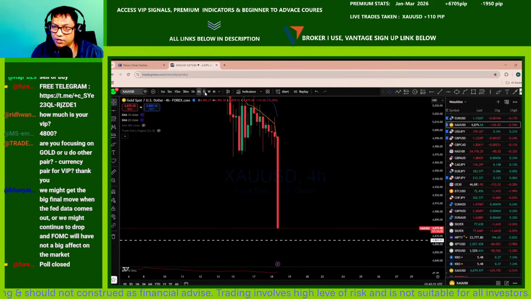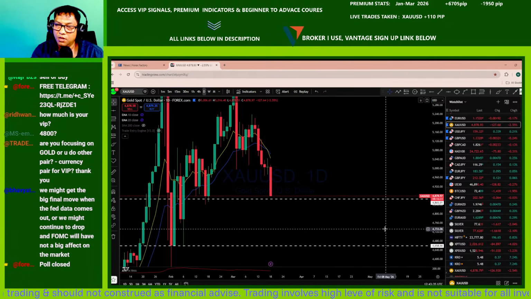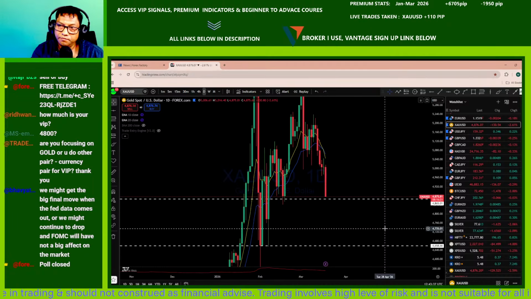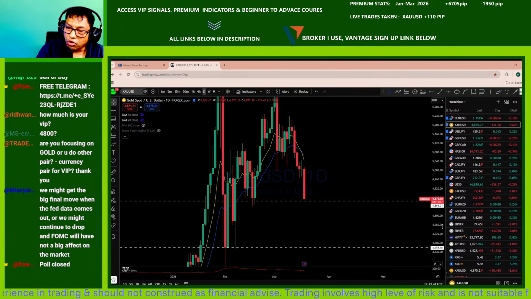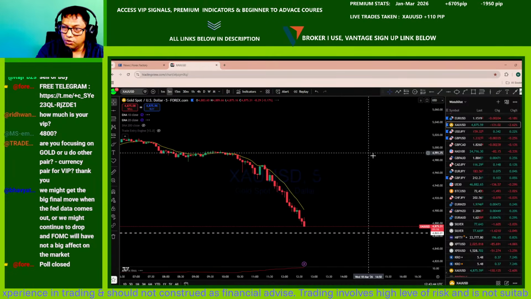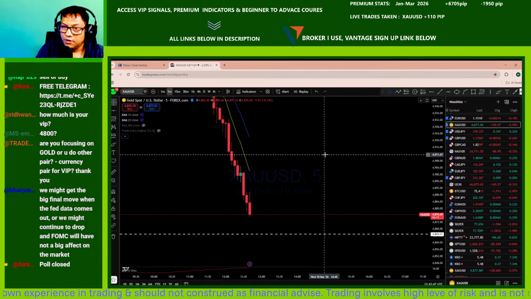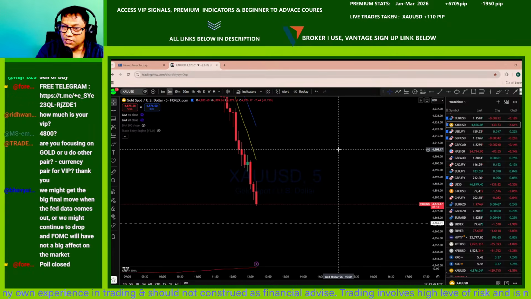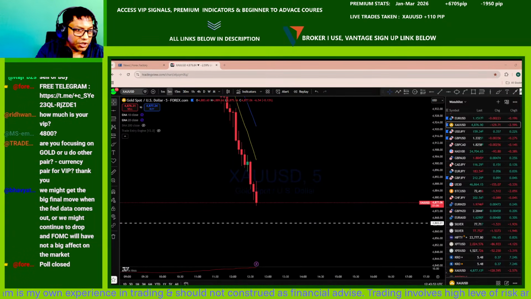Usually after this kind of drop, it sometimes goes up for a pullback. Now it may continue to drop because it's a massive drop, or you might see a deeper pullback. The 5 minute candlestick pattern that you can see is a bearish engulfing.